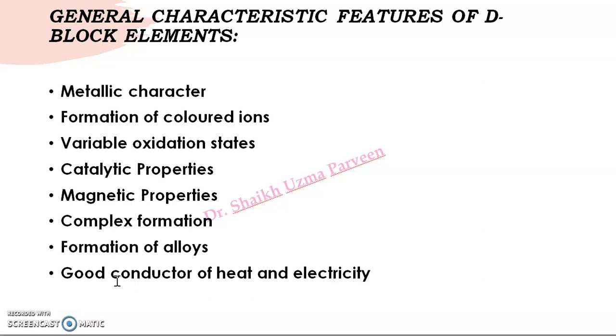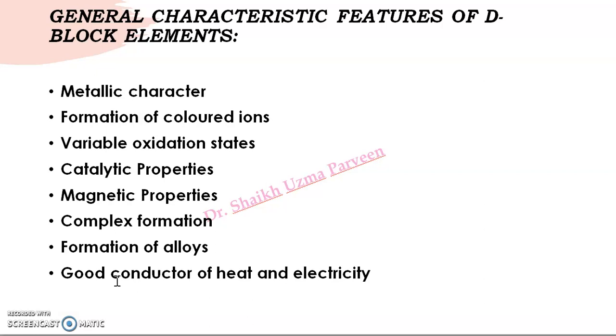Another reason is that they are also capable of forming interstitial compounds which can adsorb and activate the reacting species. Interstitial compounds means they have cavities in their crystal lattice, so it acts as an active site, and because of this they show the catalytic property.